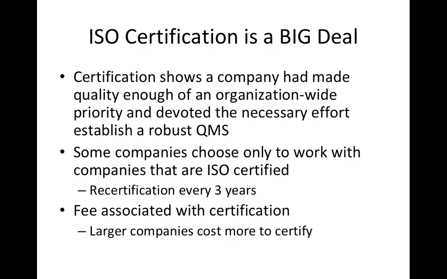Remember when we were talking about supply chain? This comes into the supply chain aspect: they can know that this person produces product consistently because they're ISO 9000 certified. We can trust it. We're always going to buy our plastic from this company. It's important, right?